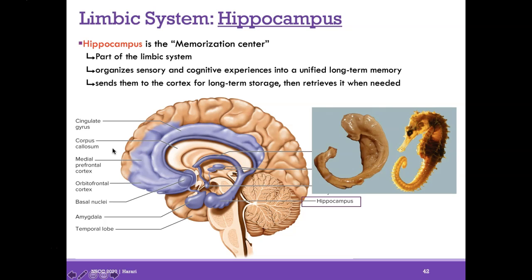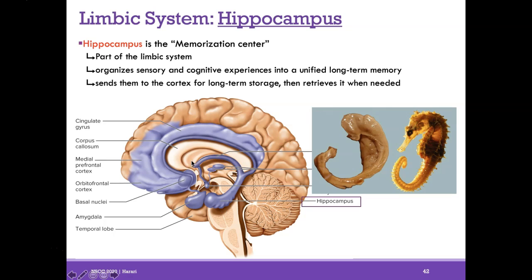What the hippocampus does is it will organize sensory information and an experience you're having. It will kind of combine them all together and then send them to the temporal lobe for long-term storage. And the temporal lobe is where all of your long-term memories would be stored. And the hippocampus can then retrieve that information as needed.